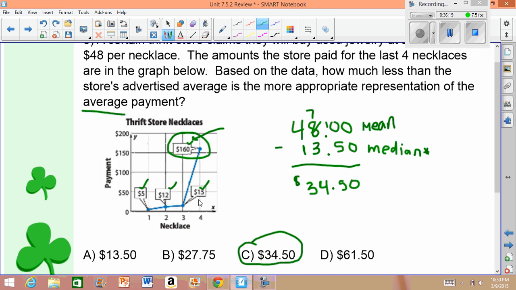So having that one piece of data that's so far off from the rest of them will skew or give a misrepresentation of your data if you used an average. The median is a better representation. That way you kind of kick out the high and the lows if you're using the median.